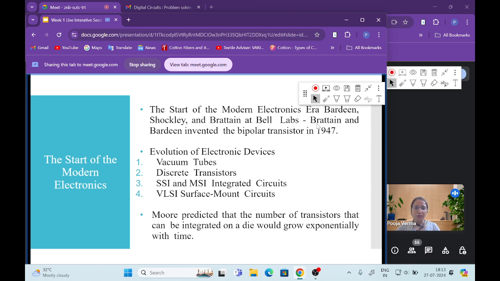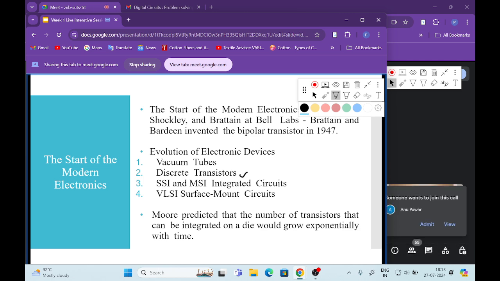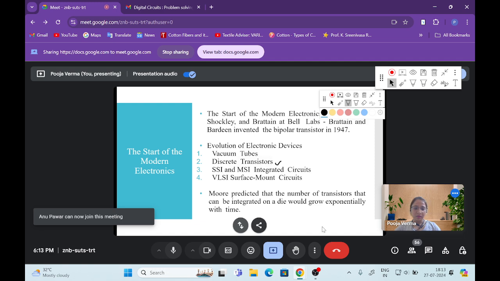From there, the evolution of electronics started, from the vacuum tube, then discrete transistors came, then SSI and MSI integrated circuits, that is small scale integration and medium scale integration, then VLSI, very large scale integrated surface mount circuits.